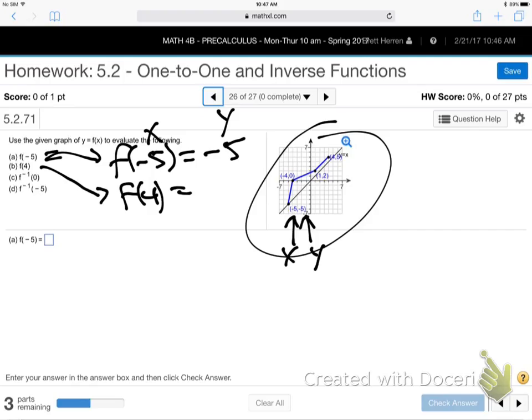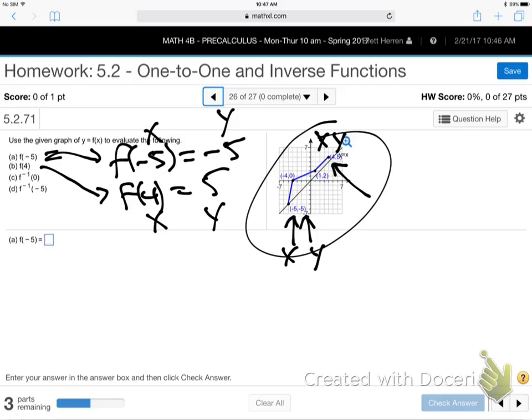Can you tell from the graph? What's f of 4? Yeah, it is 5, because again, that's the x, that's the y. It's the point right there. X, y, 4, 5. They're basically saying on the graph of f, what x goes with what y? X 4 goes with y 5 according to the graph.